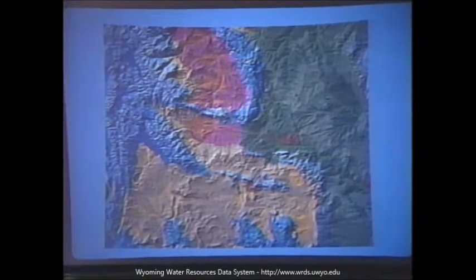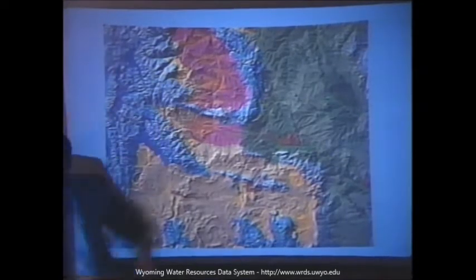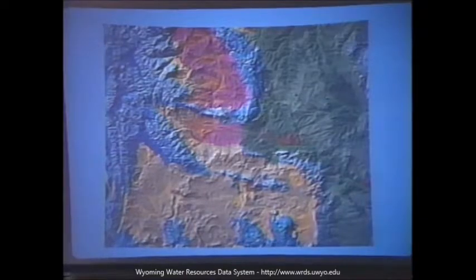The yellows and browns are the high desert or cool desert soils, and the reds and oranges in the Bighorn Basin and somewhat to the south, in other words up here, are the somewhat different warm desert, lowland desert type soils.